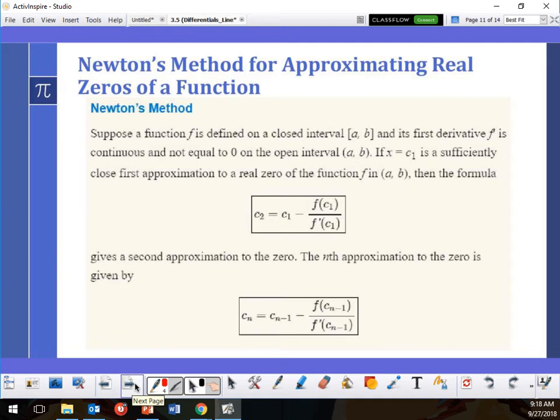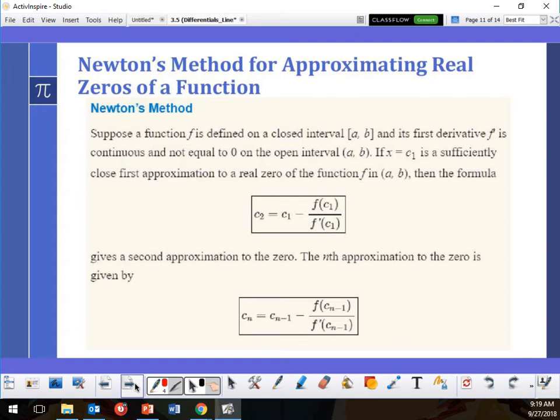Suppose the function is defined on a closed interval a to b, and its first derivative, f prime, is continuous and not equal to 0 on the open interval. If c1 is sufficiently close, a first approximation to a real 0 of the function f in a to b, then the formula c2 equals c1 minus f of c over f prime of c.